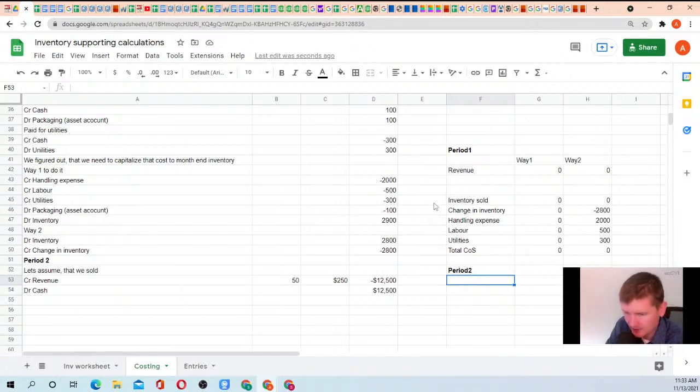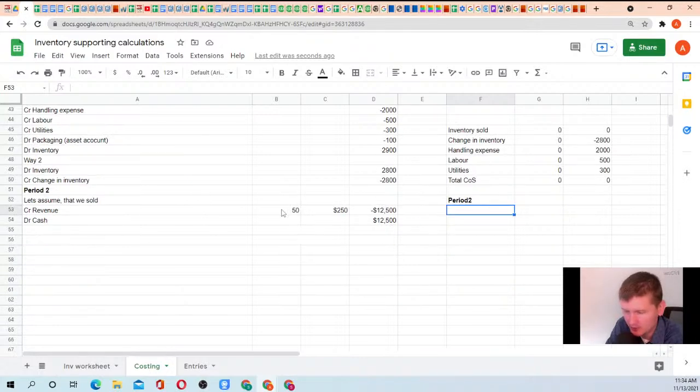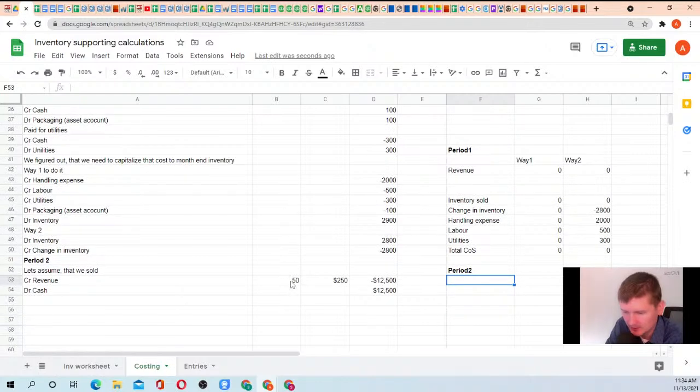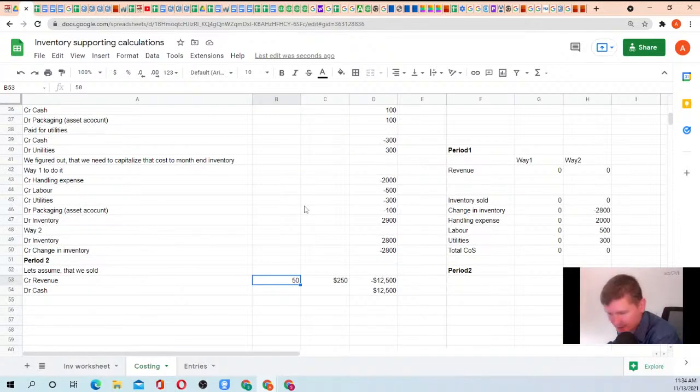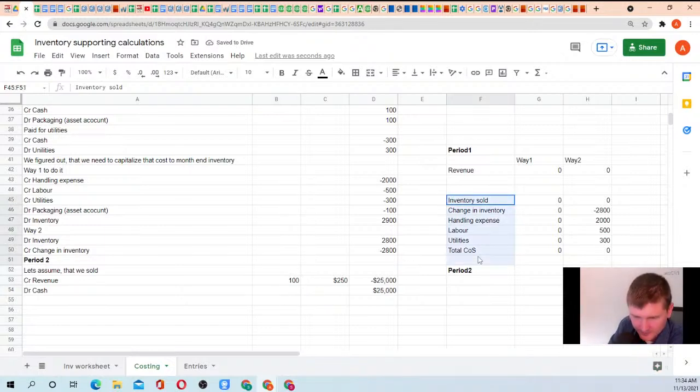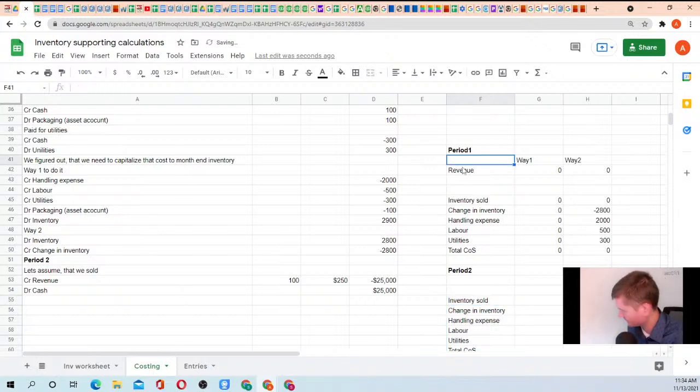In the first way, we just added everything to the value of inventory. Let's probably not overcomplicate stuff. Let's assume that we sold everything. That will be a bit easier to do. And then, of course, we can move on. Let's also add revenue here. Okay, so revenue will be the same under every method.